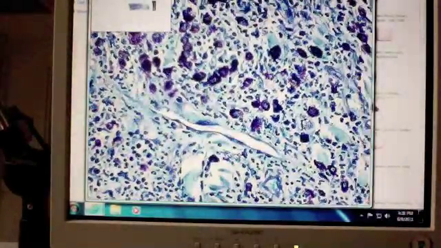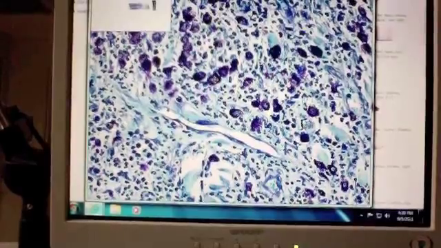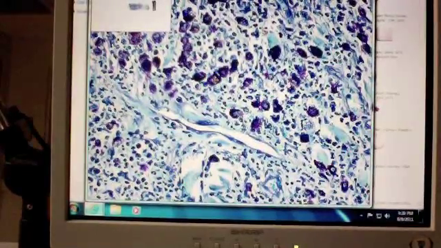So if we gave you something like this, and I put my pointer in here, and I asked you what kind of cell is this? Mast cell. This is the only cell that we're showing you that we give this toluidine blue staining so that we get that metachromatic staining of the granules.